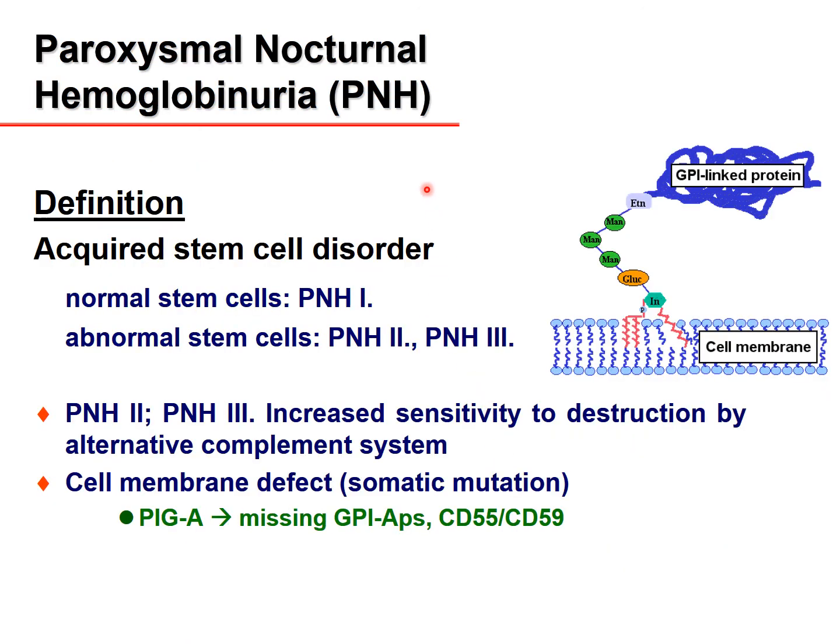Now, what is the problem? The problem is that it's an acquired stem cell disorder, where in abnormal stem cells, this is PNH type 2 and 3, we are missing the PIGA protein, missing the GPI proteins, what's called CD55, CD59, that regulate the complement binding.